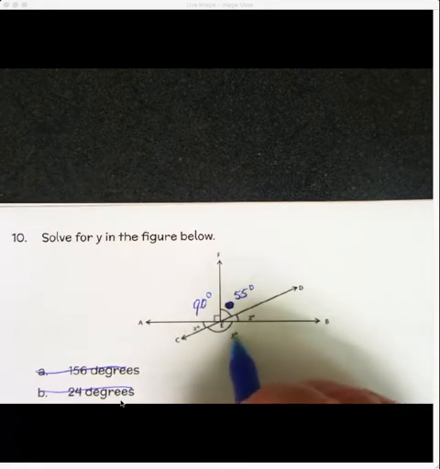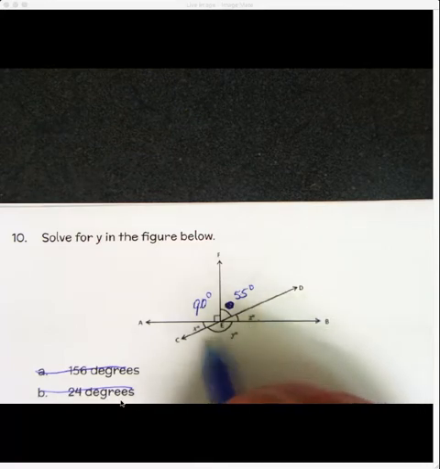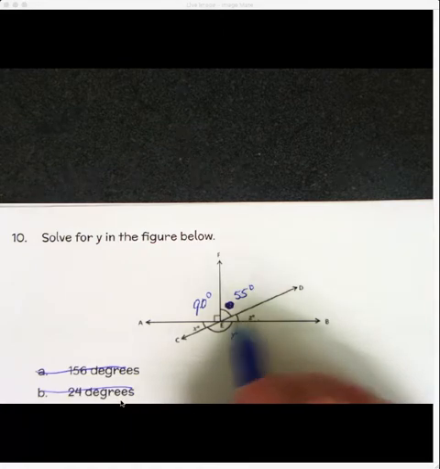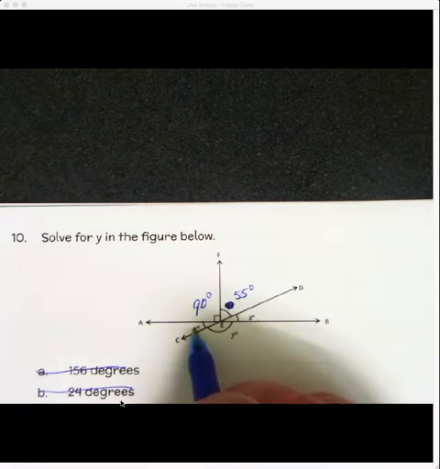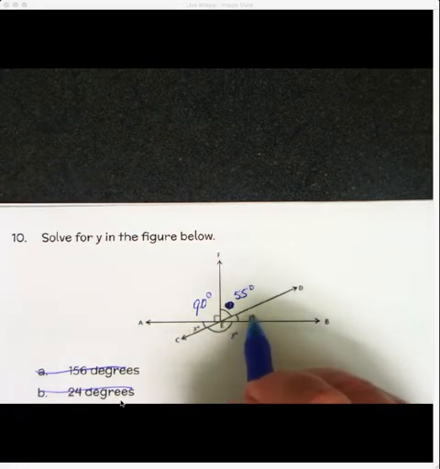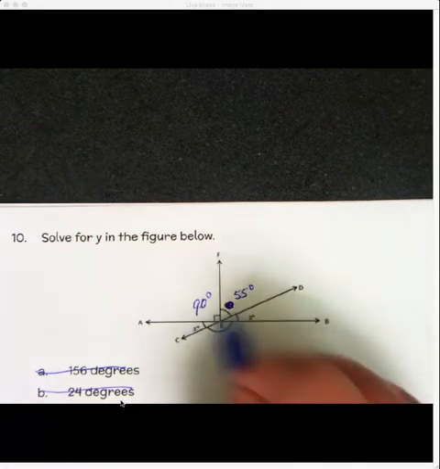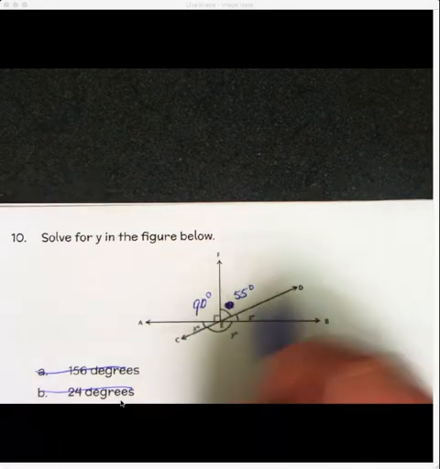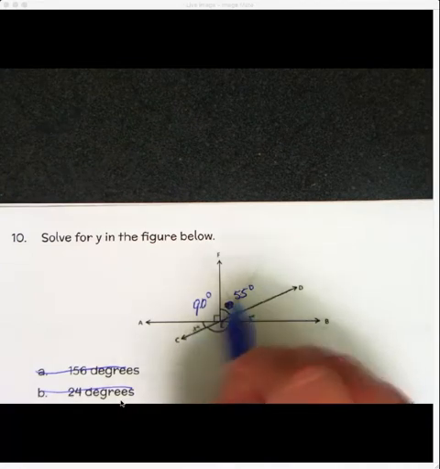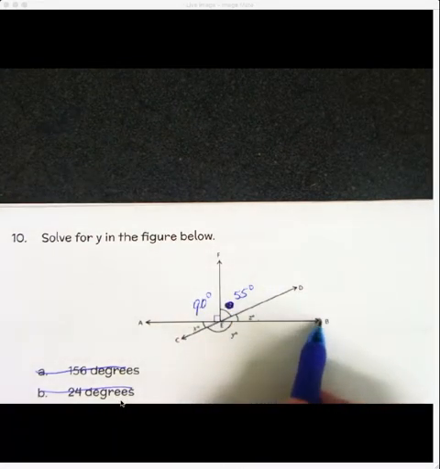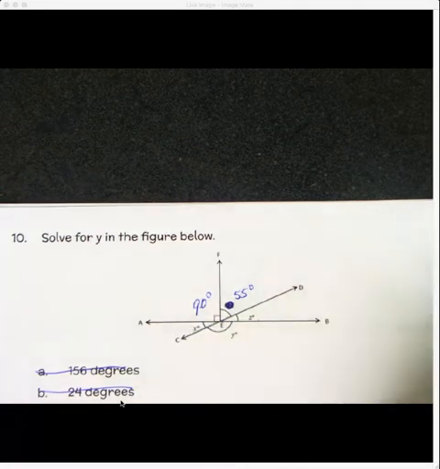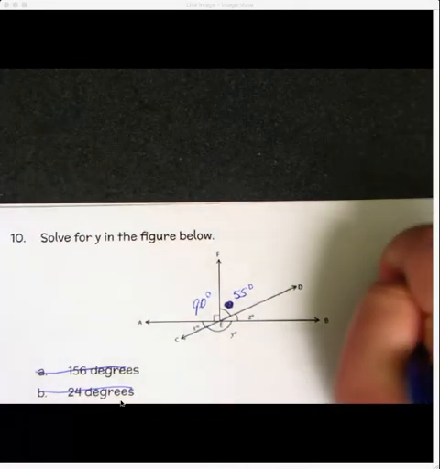And then what we're looking at here is we see that angle y plus either angle x or angle z makes a straight angle of 180 degrees. So now we need to find either x or z. Which one do you want to do? Because we can do straight angle CD would be 180. We take those two away. Or straight angle AB would be 180, and we take those two away. Either way, we've got to subtract from 180 degrees.